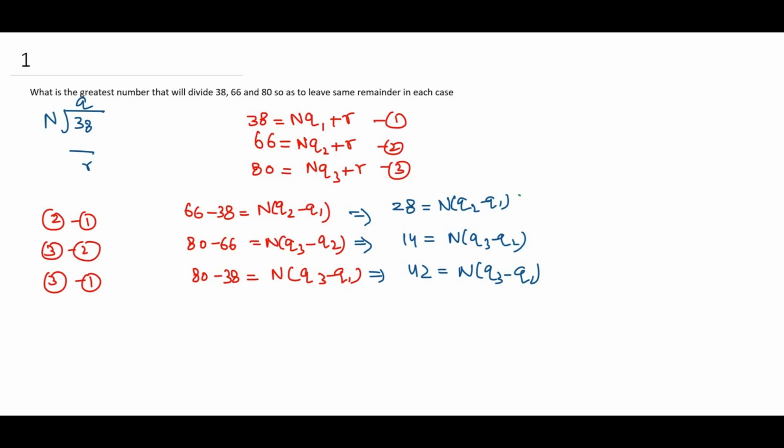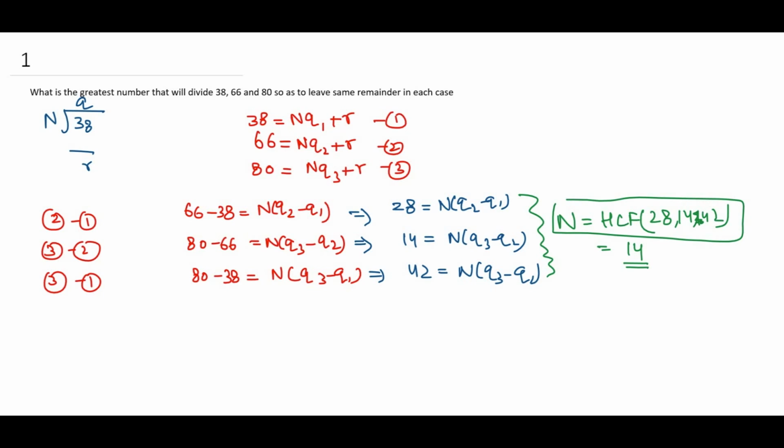If you can see, N is common to all of them, so the value of N will be nothing but the HCF of 28, 14 and 42, which is equal to 14 in this question. After practice you will be directly doing it, like using it as a formula, but this is how it comes.